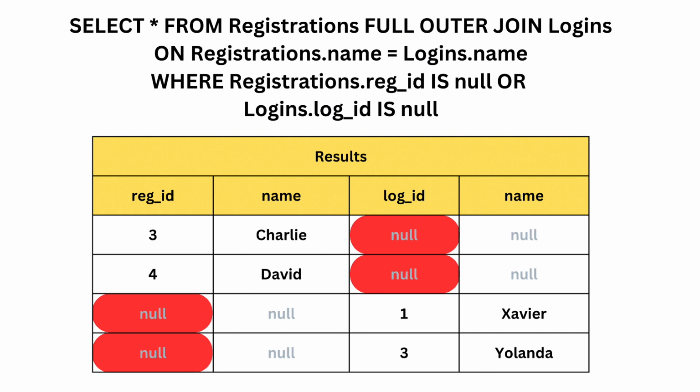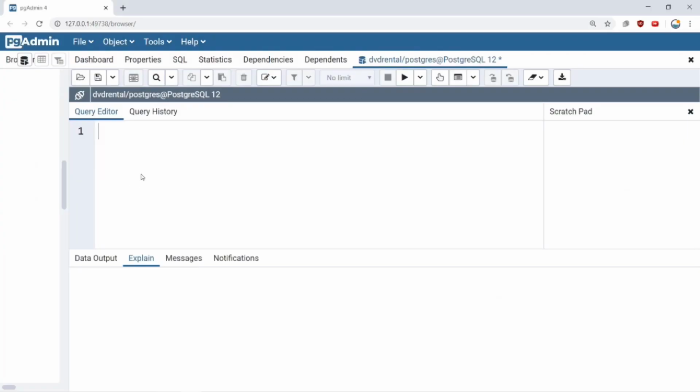So let's see a quick example in pgAdmin of full outer joins, as well as adding in that qualifier. Okay, here we are at pgAdmin. Let's imagine that some new privacy rules have been implemented, and we want to make sure that we don't have any payment information that's not attached to a customer, or that we don't have some customer information that isn't attached to any payments.